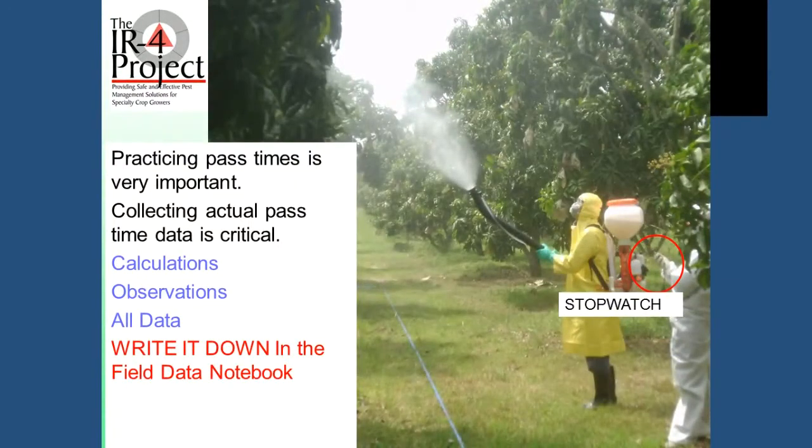The plastic line indicates how long the plot is, and he needs to walk that distance in a certain amount of time in order to have the proper pass time, which means that you put out the proper amount of spray. So how do you have a good pass time? Lots of practice. Next slide, please.